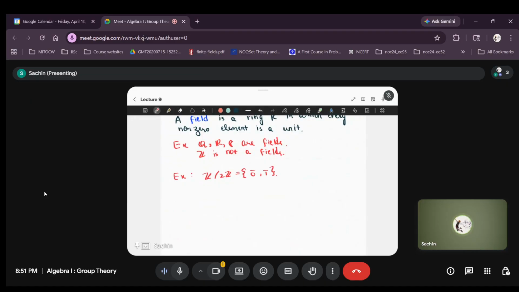Here is a group, it is a ring also, and the only non-zero element is 1 bar, which is its own inverse. So this is also a field.